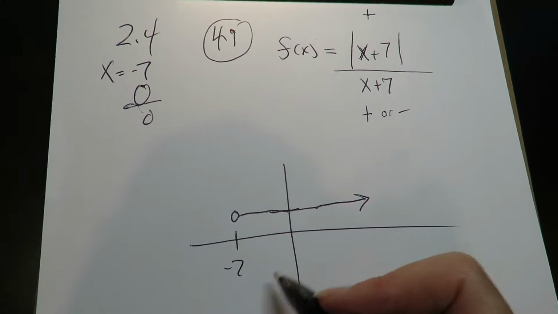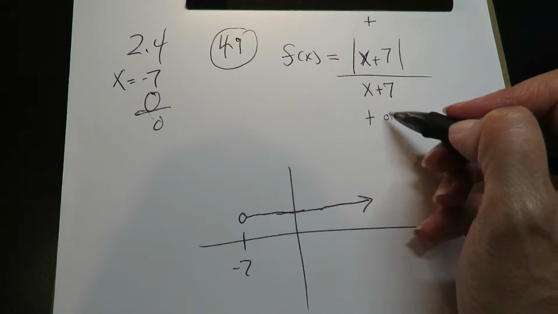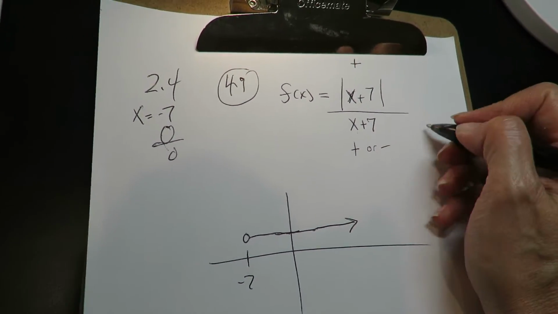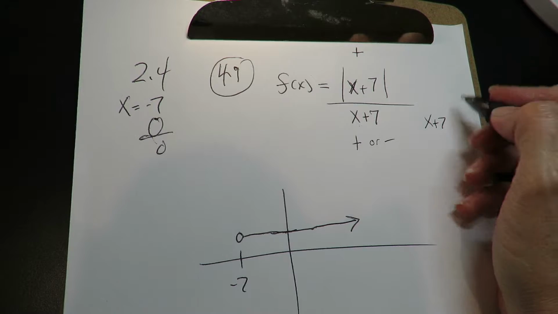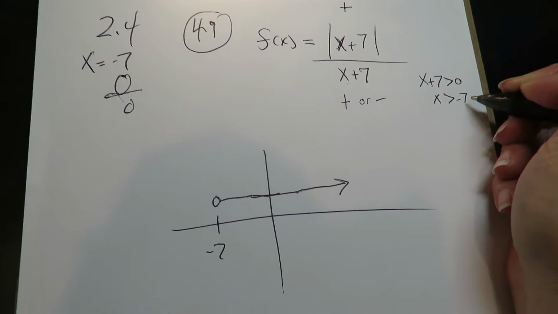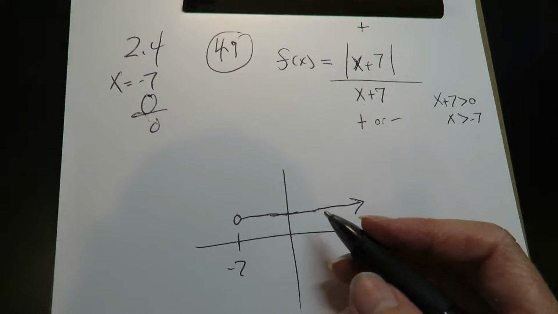So if you use anything greater than -7, both sides are positive. This again is always positive, but this will be positive anytime you pick anything greater than -7.